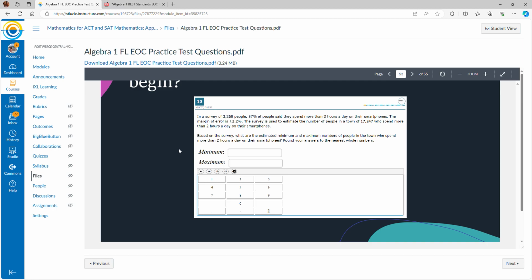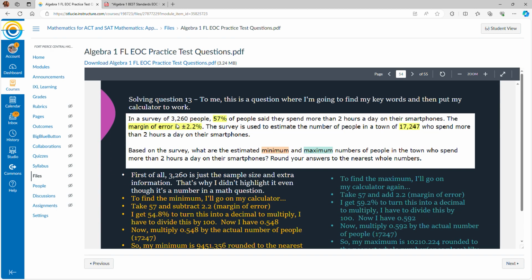I did this, I think, 2 or 3 months ago, but I'm pretty sure the place I started with was my keywords on this question. Let's see. Yep, look at those highlights. And then I'm going to put my calculator to work.